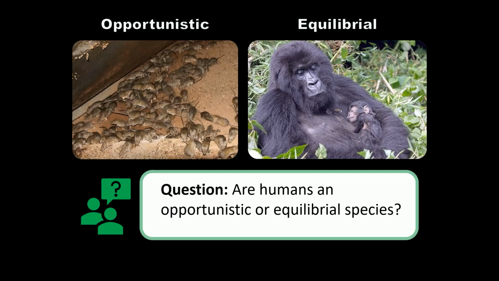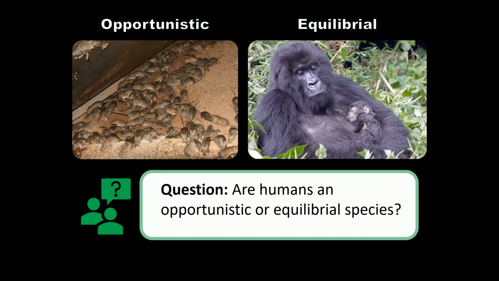An opportunistic species, say mice, a mouse mom might have a dozen pups, and she's just not going to be able to spend as much time caring for each and every one as, say, this gorilla is going to be able to take care of that one baby gorilla right there.